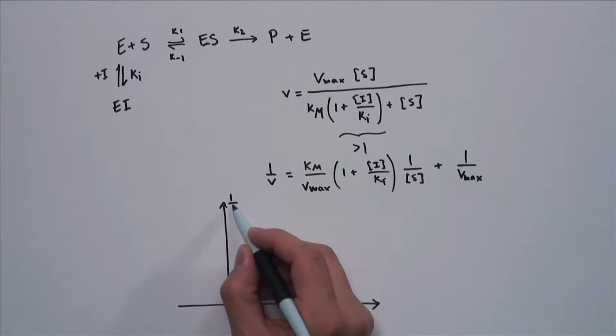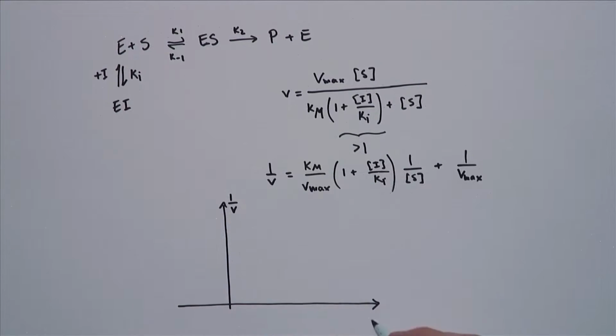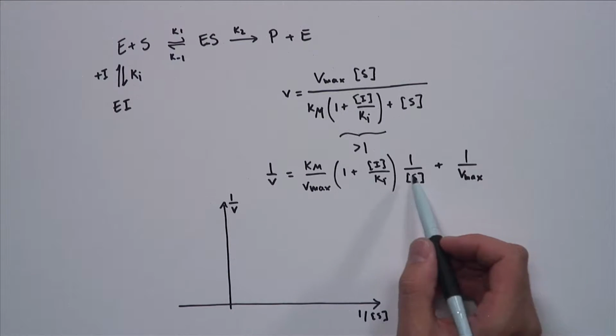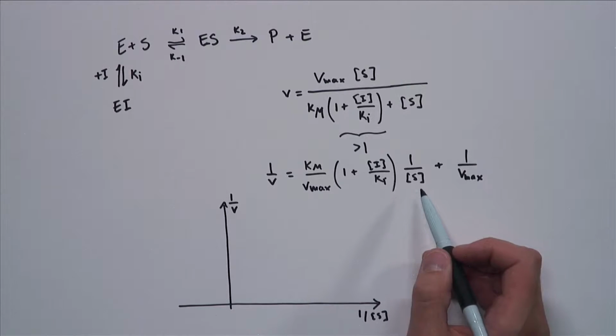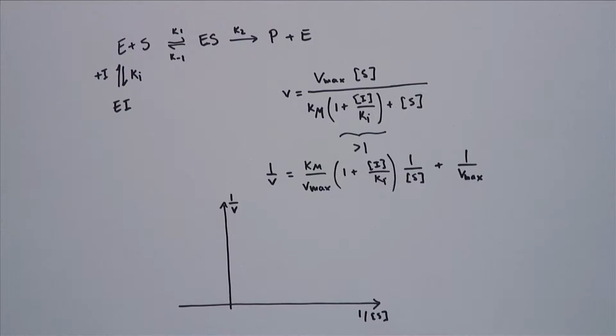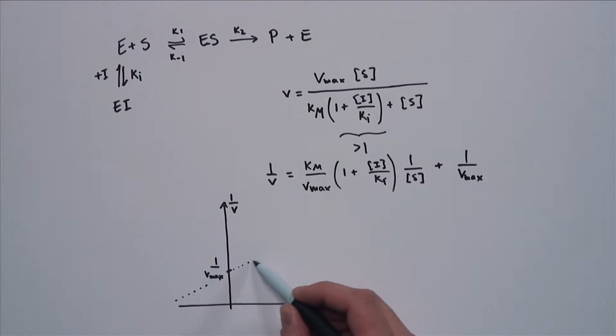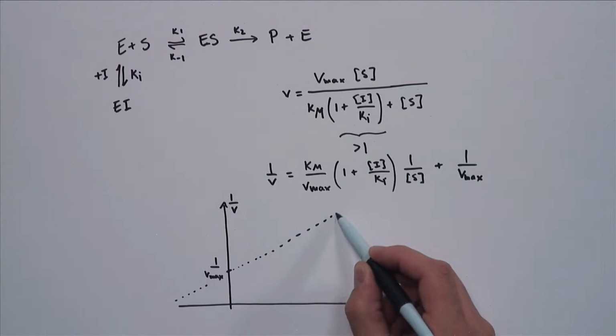Here I'm going to have 1 over V, and here I'm going to have 1 over S. Now, if the concentration of substrate is really, really high, 1 over S is going to be almost 0. So at the limit, when 1 over S is 0, we should get V equals Vmax. So let's say here it's 1 over Vmax. And therefore, without any inhibitor, we're going to get a line that looks like this.